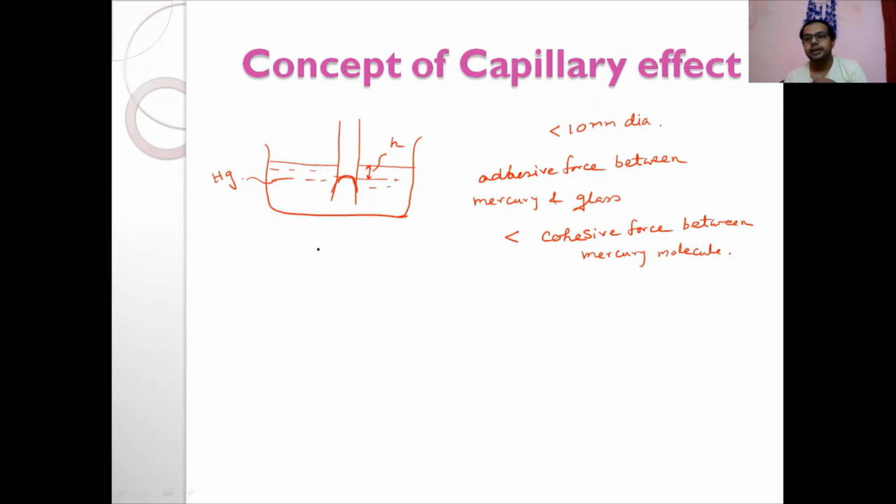If the adhesive force is less than the cohesive force, there must be a depression. And if you again see the tubes, here the surface is like this, the mercury surface. So surface tension force is acting in this way.